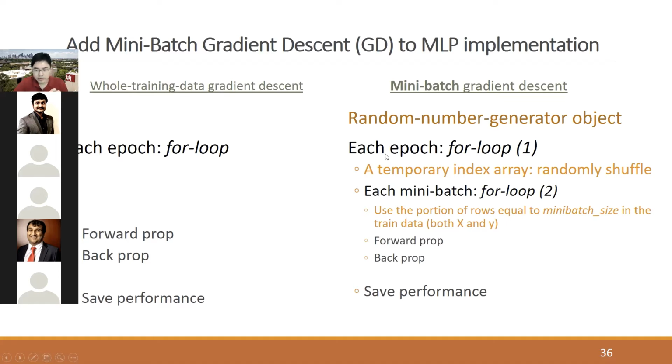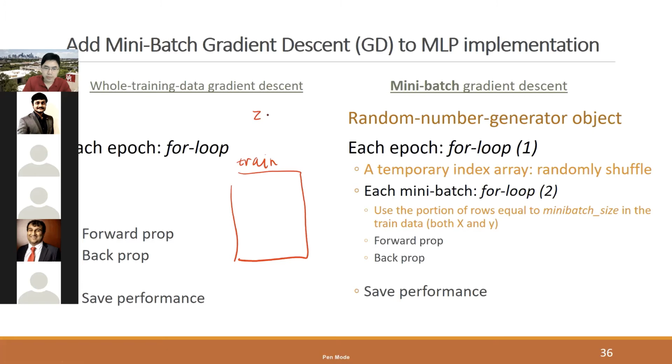So what you can do is, let's say you have a training set, right? This is the training set. With the whole training set gradient descent, you simply input this, and we do the net input.